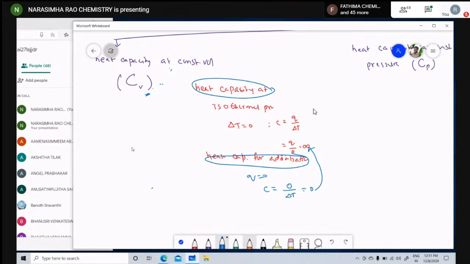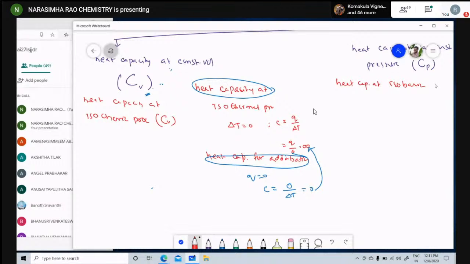Simply, we can say heat capacity at an isochoric process means Cv, and heat capacity at an isobaric process, where pressure is constant, means Cp. Right. How to get these values? What are the interrelations with each other? Let me discuss them.